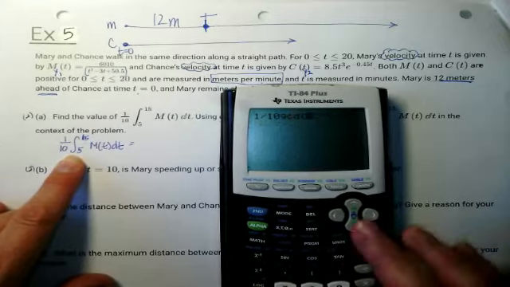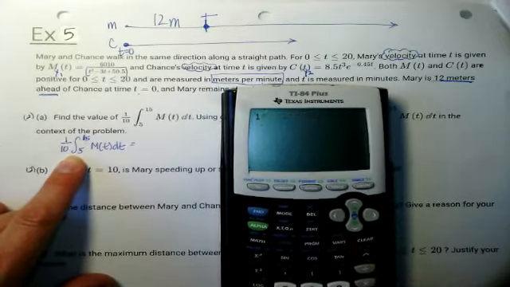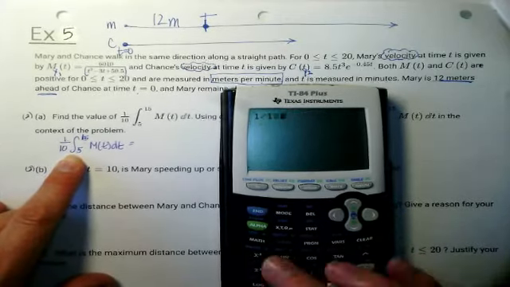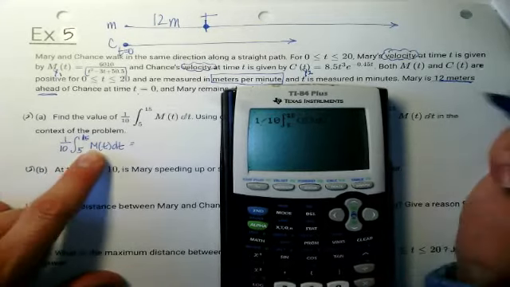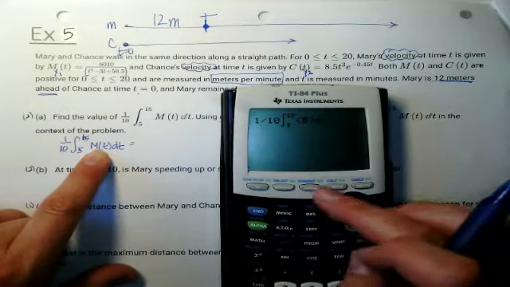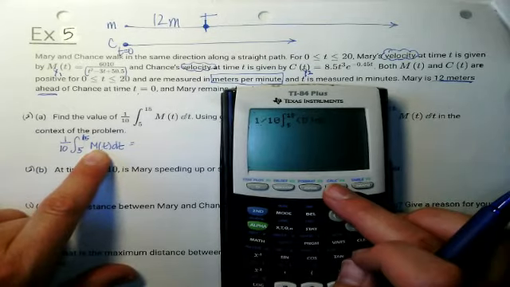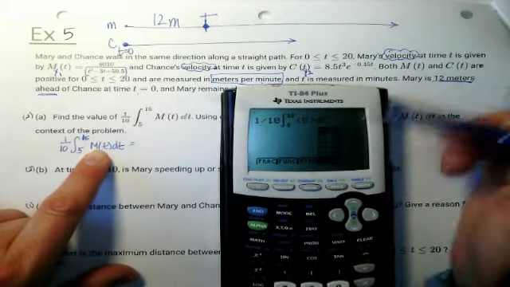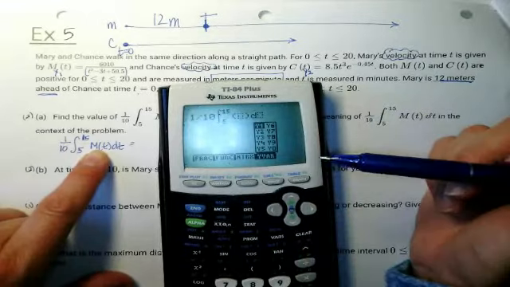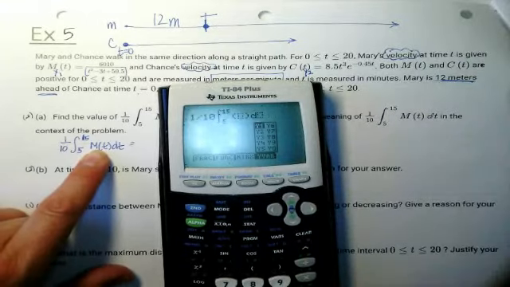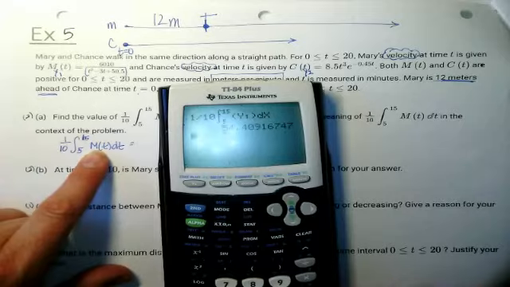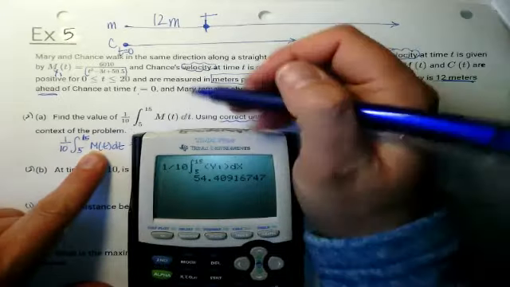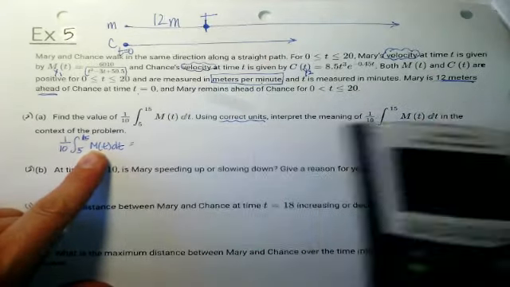Oh, whoops. Sorry, wrong thing. No, there we go. From 5 to 15 of m of t, I put in y1. So I'm just going to do alpha F4, and you can see it calls up our y1, y2, y3, y4. I want y1. So I'm just going to select y1, and it's using the equation in y1. All right, and I get 54.409.